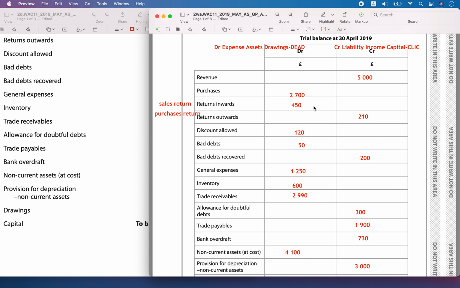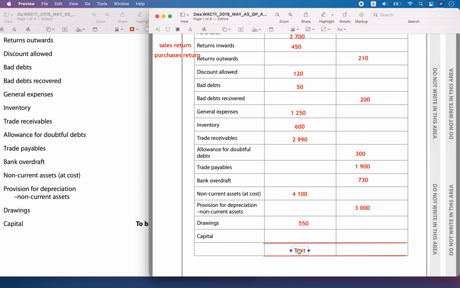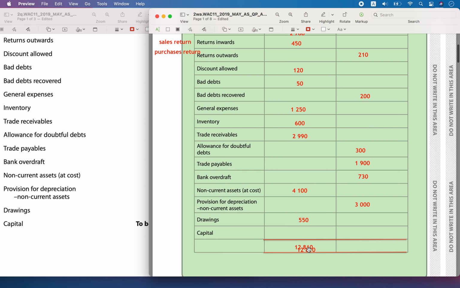So here let's add up: 2700 plus 450 plus 120 plus 50 plus 1250 plus 600 plus 2990 plus 4100 plus 550. That is going to be equal to 12,180. This should be the same on the other side also.